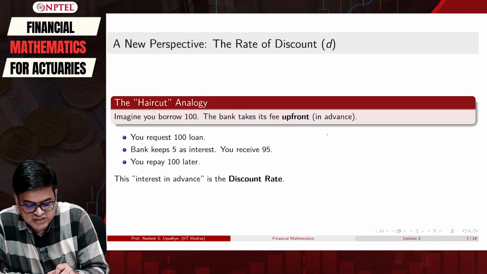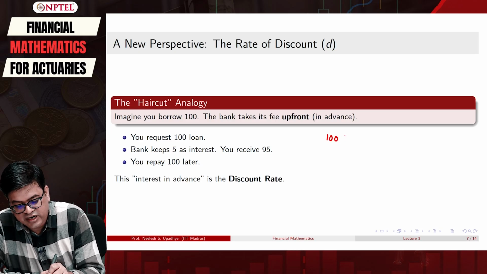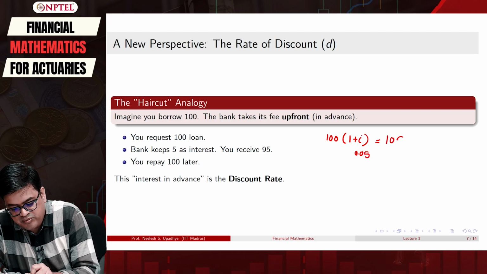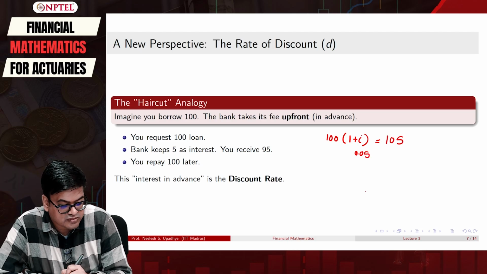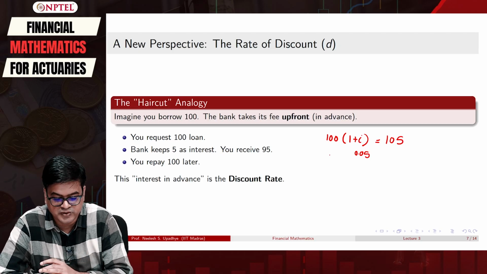Suppose I am investing 100 now, then I invest the whole 100, and based on that I will get the interest, and if the interest is say 0.05, I will get 105, correct? This is how you have been calculating so far.